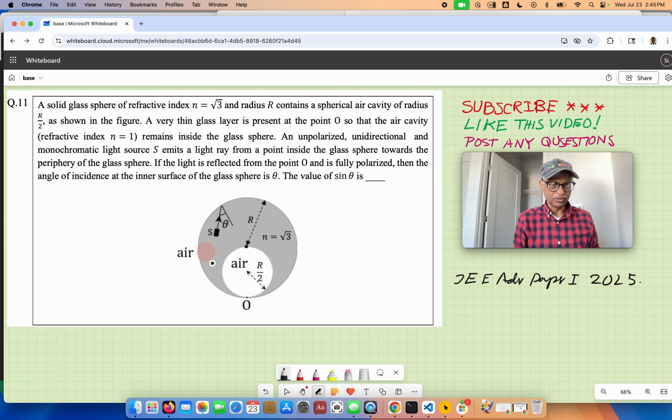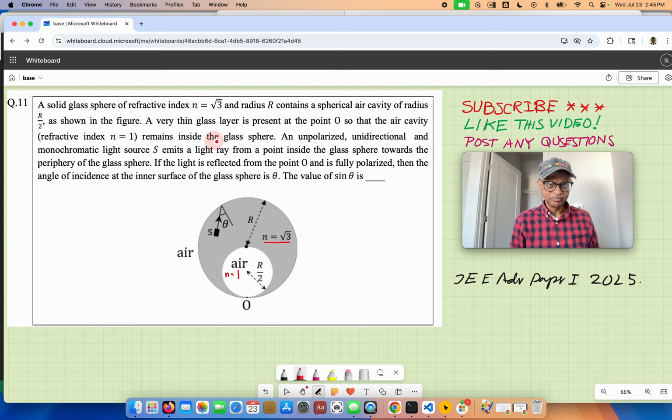So this is a solid glass, and its refractive index is square root of 3, which is a reasonable value. Then there's a cavity here, air, which is n equals 1. This is half the radius of the bigger sphere.